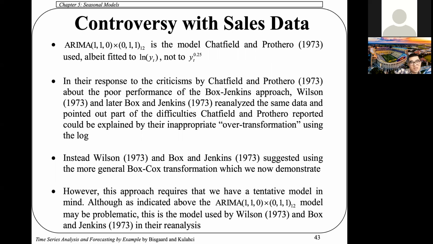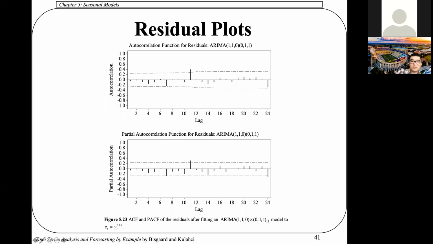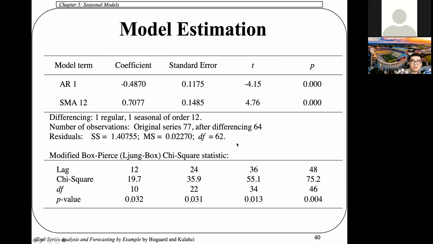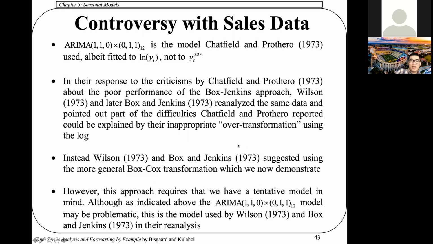They asked why everything else is good except these LB statistics, and what causes this. In their response, they said that it might be due to the inappropriate over-transformation using the log.